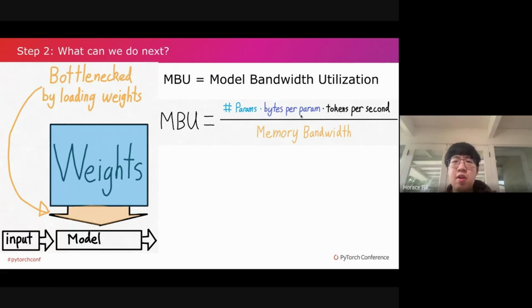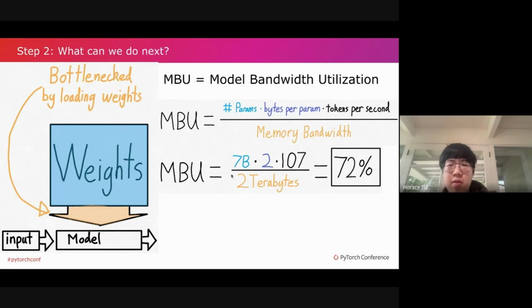You can compute it as the total number of bytes needed for your parameters multiplied by how many tokens you're computing per second, divided by the overall memory bandwidth of your GPU. For a 7 billion parameter model, we have 7 billion parameters, 2 bytes per parameter, and we generate 107 tokens per second. On an A100 with 80 gigabytes of memory, we have 2 terabytes per second of memory bandwidth. So if we compute our so-called MBU, we get 72%.